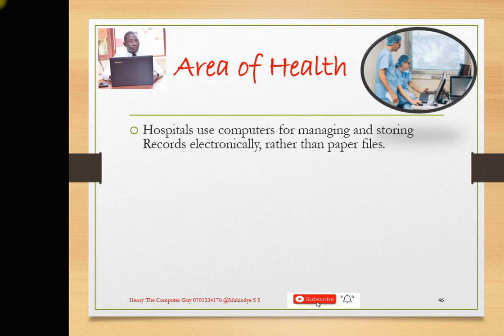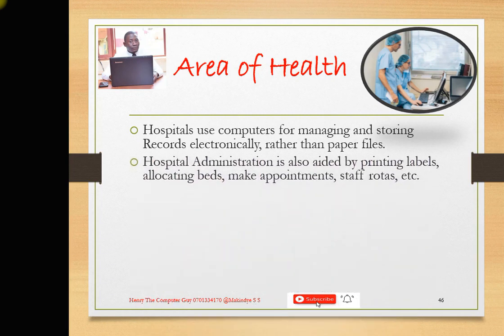For example, when you go to the hospital, they want to work upon you. Of course, they'll ask you your details. Those details are going to be entered into a computer, so whenever they need them, they can always refer to that information. So they are going to store the records of the hospital or the patients.